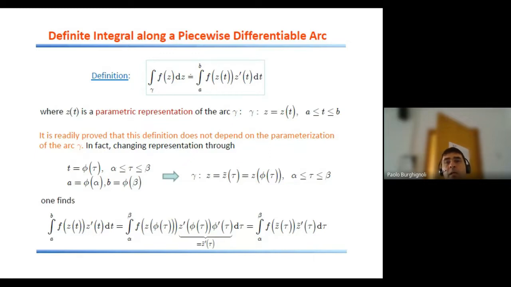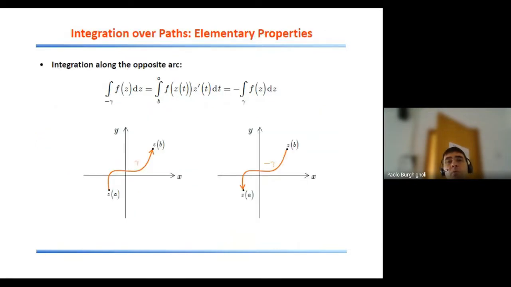Okay? Let us give some elementary properties of this integral along an arc or a path. Sometimes we will talk about paths. First of all, let us define the integration along the opposite arc. So if instead of going from A to B, we go from B to A in the integration along T, this means that we just need to change the sign.